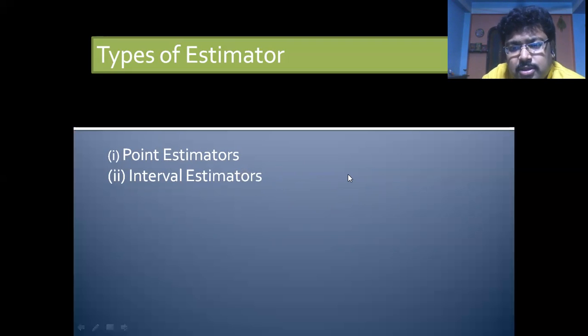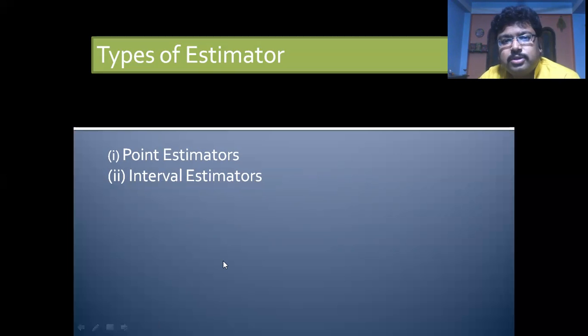Suppose it is less than B and greater than A. So within the range A and B, the value of the estimator lies. So this is the interval estimator. So there are two types of estimators.